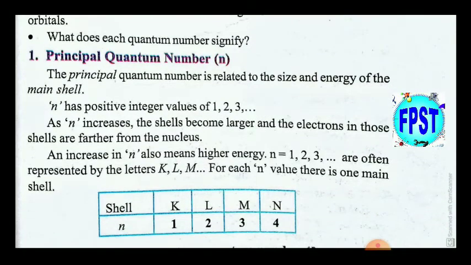And the second shell is noted with L and its principal quantum number n value is 2, and the third shell is shown with the M, its n value is 3, means the first shell is the smallest and with the lowest energy level.